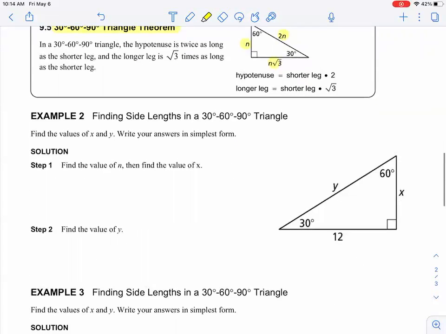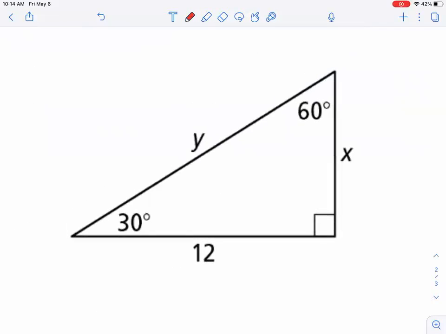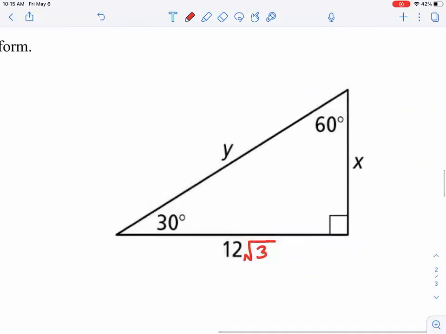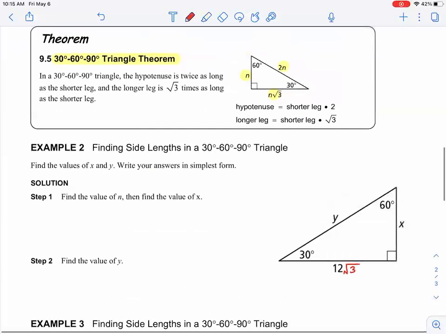So, for example, let's take a look at this problem down here. Now, I'm going to change this a little bit. See where it says 12? Would you write 12 square root of 3 next to that, please? So, looking at the 12 square root of 3, that's our long leg.